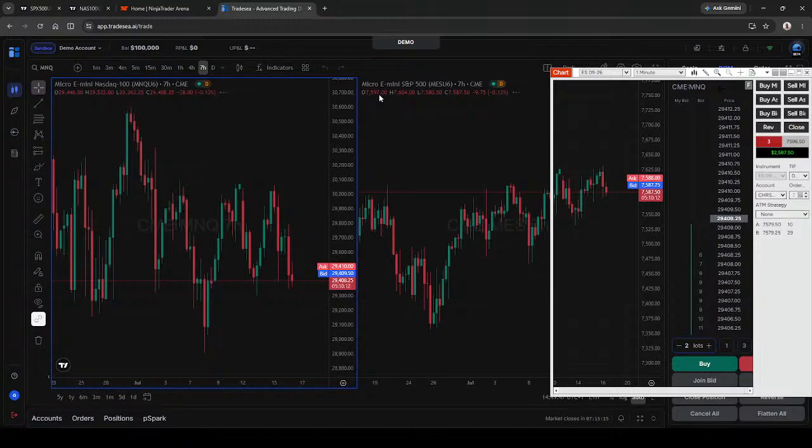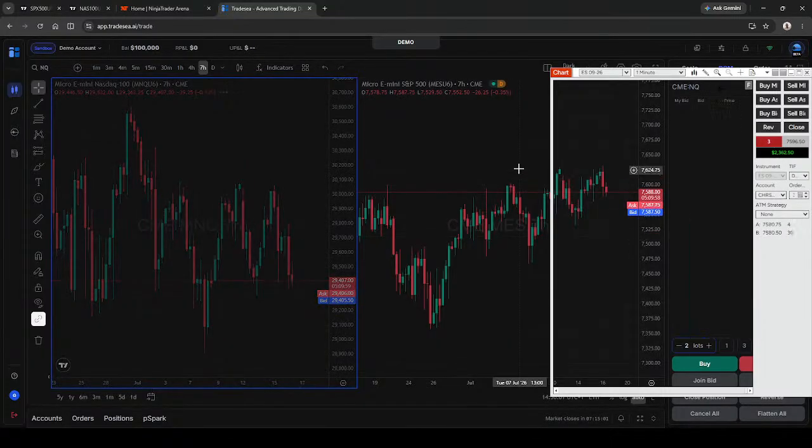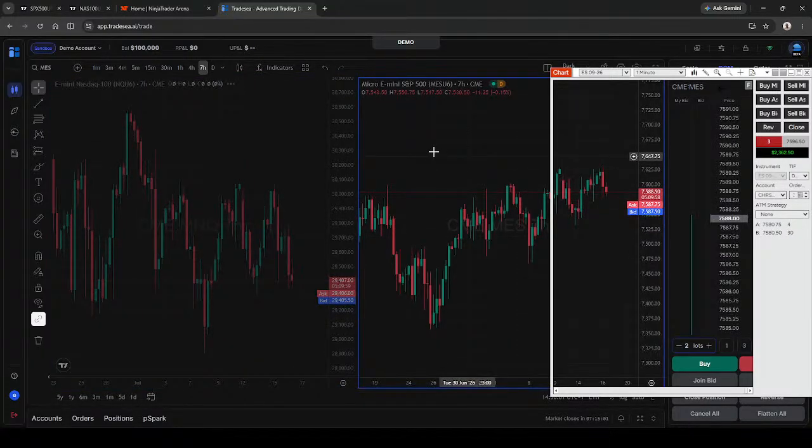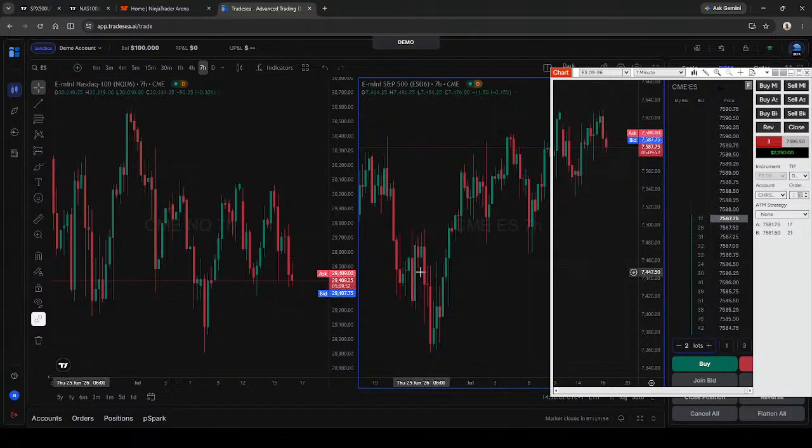I have a 7-hour indicator, but it's not enough. Okay, let me leave micro and go to the real thing. So NQ, and yes, I have Trade C from Tradify.